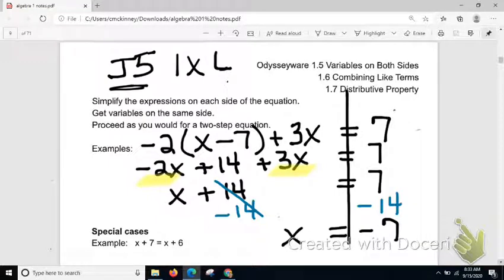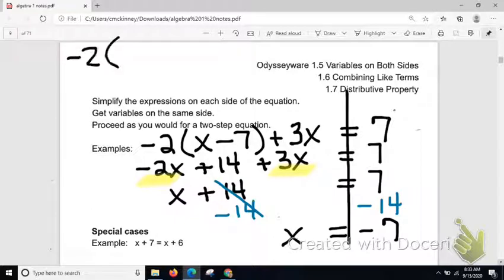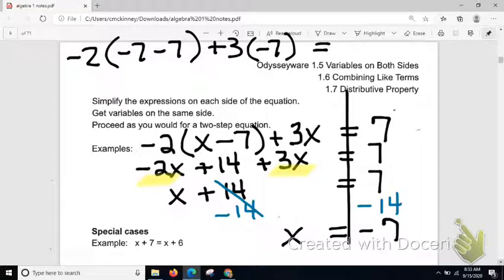And then remember, in any of the problems, you should be able to put your solution into the original equation and see if it works. So -2 times (-7 minus 7) plus 3 times -7 should equal +7. Lots of 7s in there.